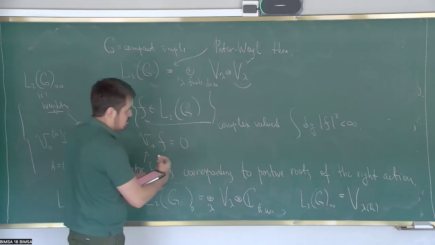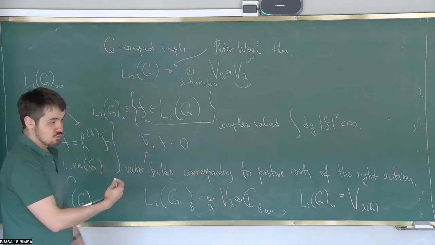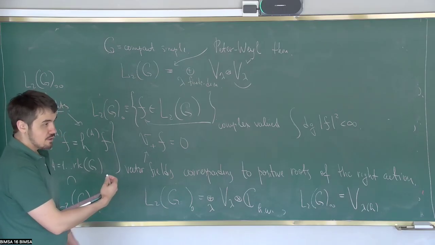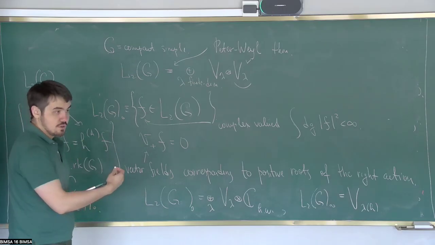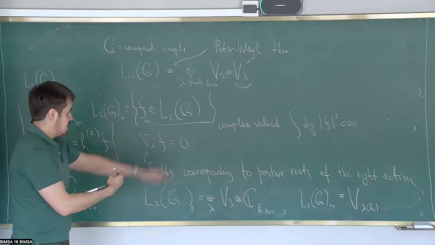But here I just want to say that this is kind of similar to what we do with this quadratic constraint, right? D and D bar should be thought of as the roots of the algebra. So you impose that the positive root annihilates the field.